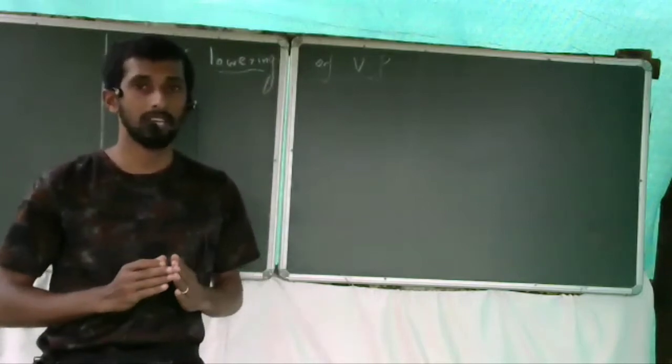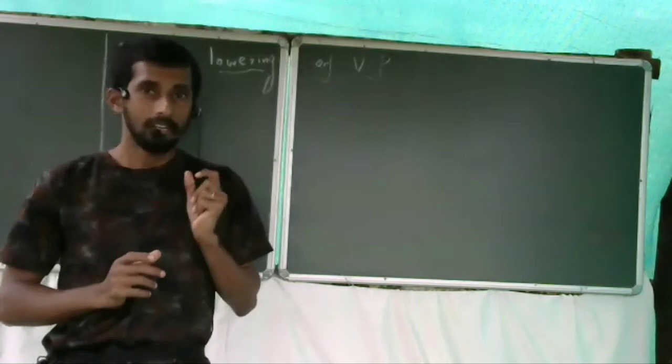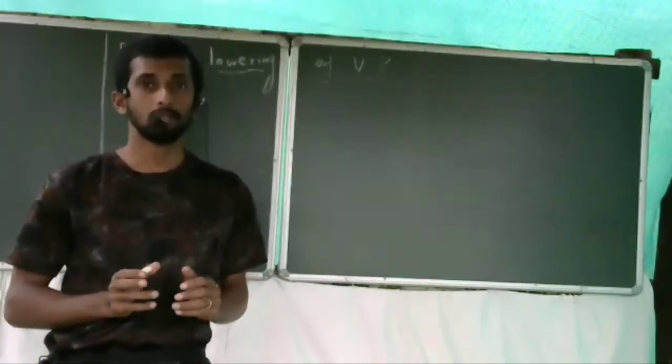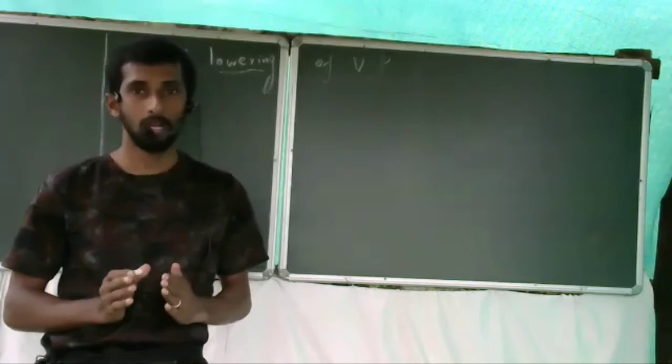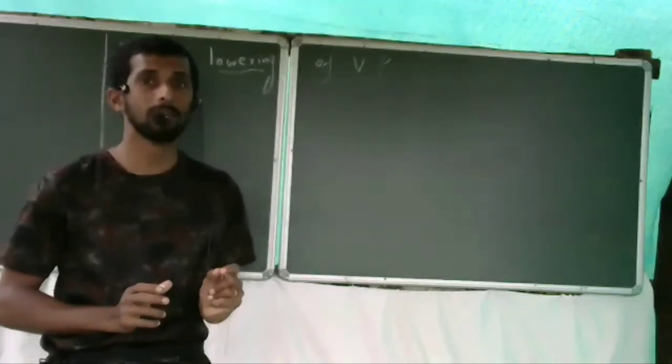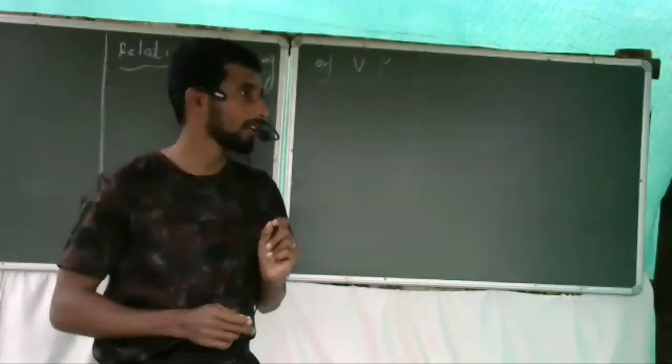Why do we have these colligative properties? Because if you add a non-volatile solute to a volatile solvent, its vapor pressure decreases.